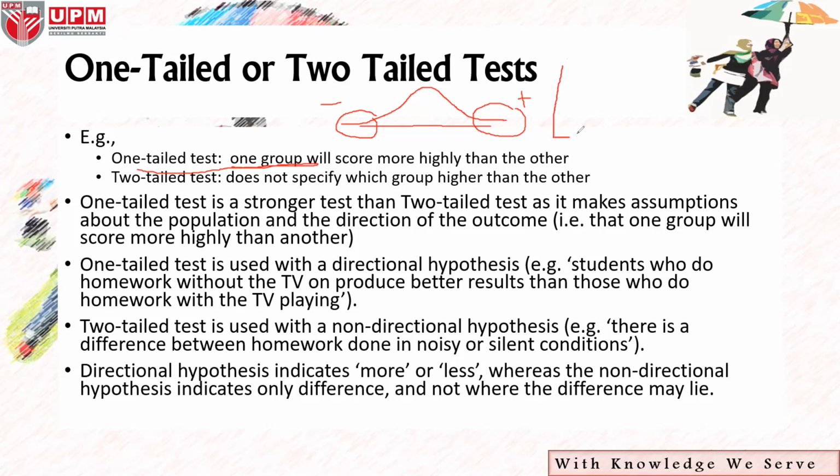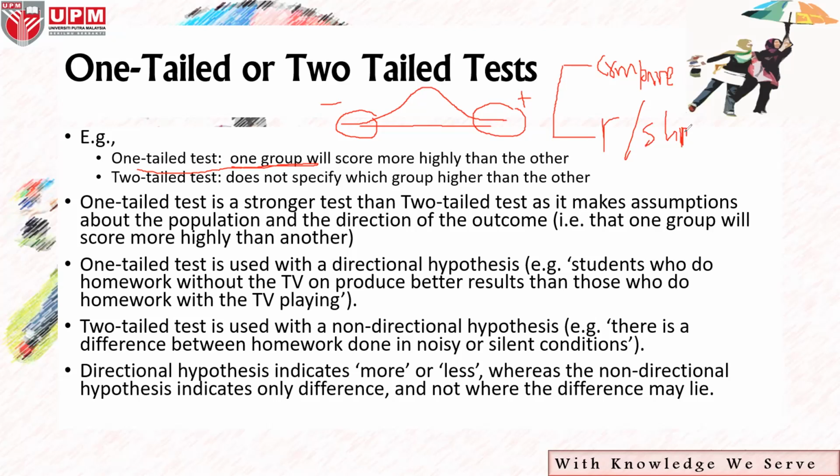In quantitative research, we are interested to test at least two things. One, compare. We want to make comparison: either group A is better than group B, or group B is better than group A, or they are equal, no difference. That is compare. The second, we are interested to look for the relationship.